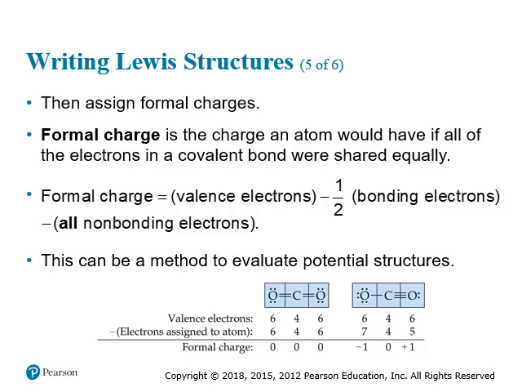Now, while those rules will be sufficient for many of the molecules that we attempt to draw, in some instances we may find ourselves needing more. For example, in the establishment of the carbon dioxide molecule, at the bottom of this slide, we see that there are 2 possibilities for drawing carbon dioxide when we use those rules.